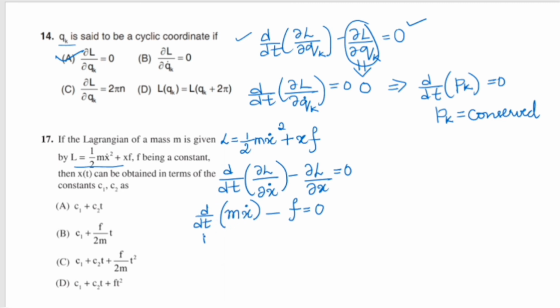Total derivative means if we do, what we get? m into d divided by dt of x dot, m being constant comes outside. d divided by dt of x dot will be x double dot, right or wrong? Minus F, which is equal to 0. So this is the equation of motion we got.